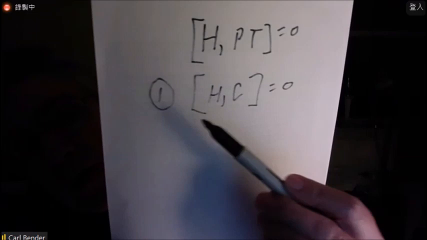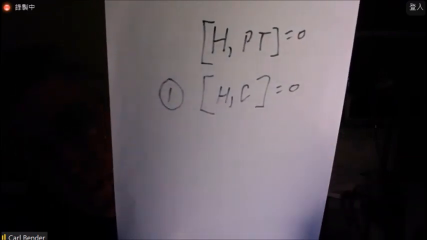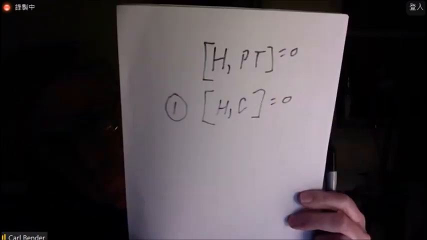So the C operator has three properties. The first property, number one, is that C commutes with the Hamiltonian. Number two, C commutes with PT.